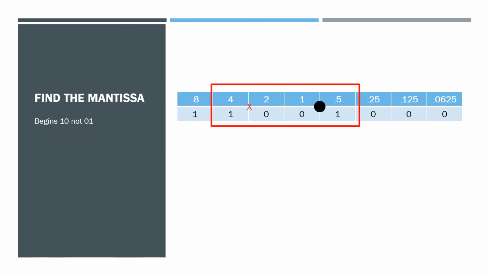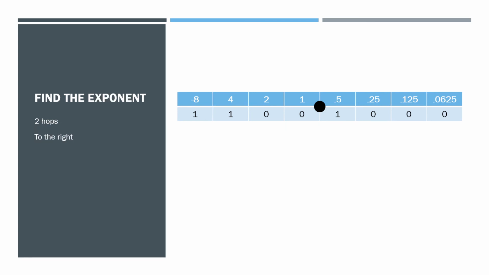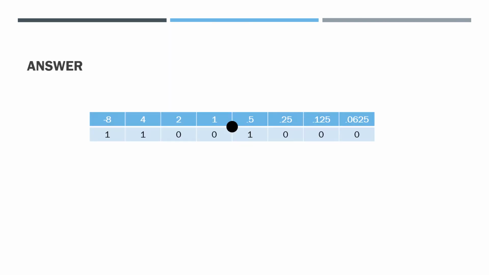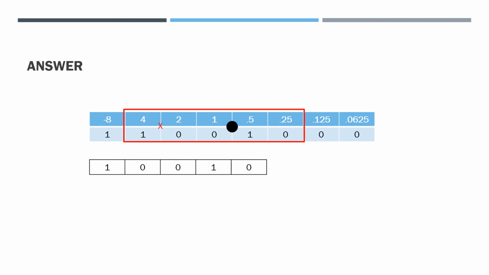So there's the mantissa, and it's 2 hops to get back home. So there's the mantissa 10010, and there's the exponent, 2 hops to get back home.